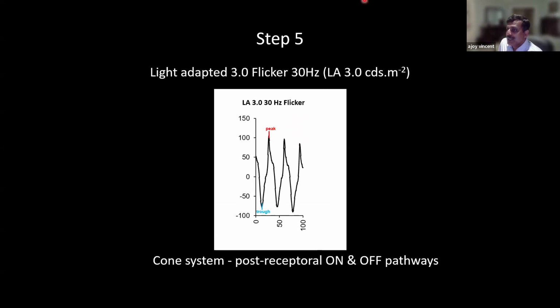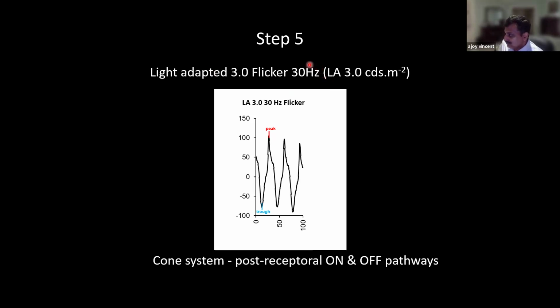Now, the last step of the full field ERG as part of the standard protocol is what is called a 30 Hertz flicker response. The rods, as you are probably aware, cannot respond to fast flickering light. If it is a light which is, let's say, 15 or 16 Hertz, beyond that frequency the rods will not respond.